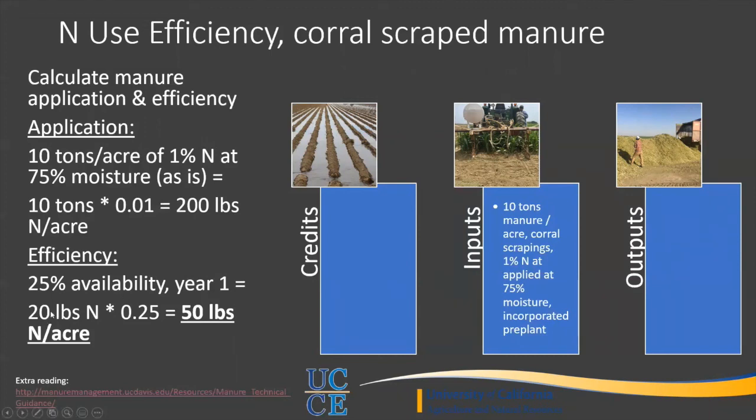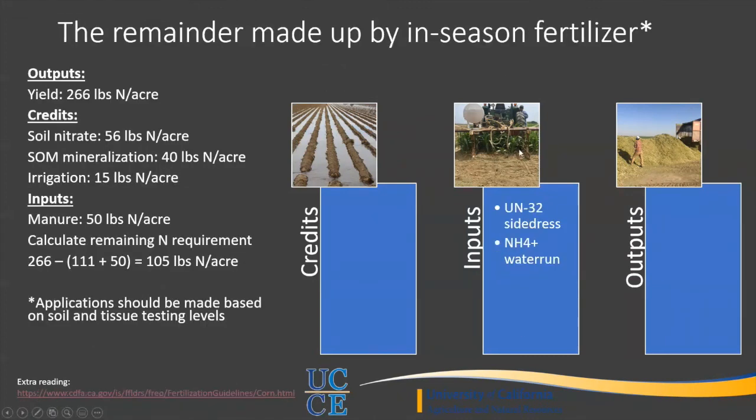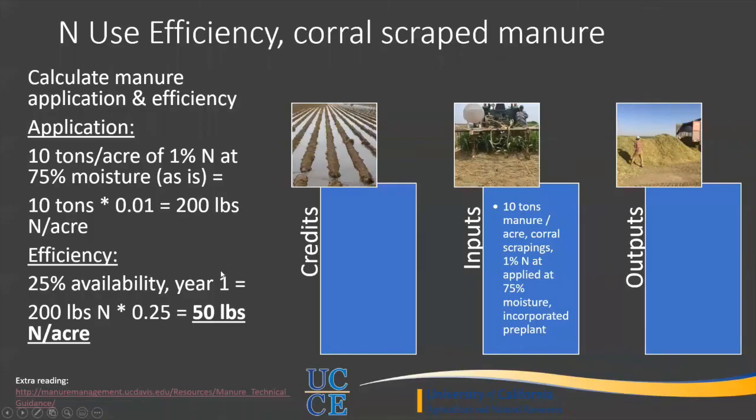So you take that 200 pounds of nitrogen, multiply it by the decimal fraction 0.25, and we come up with 50 pounds of nitrogen per acre that will become plant available from that pre-plant manure application.